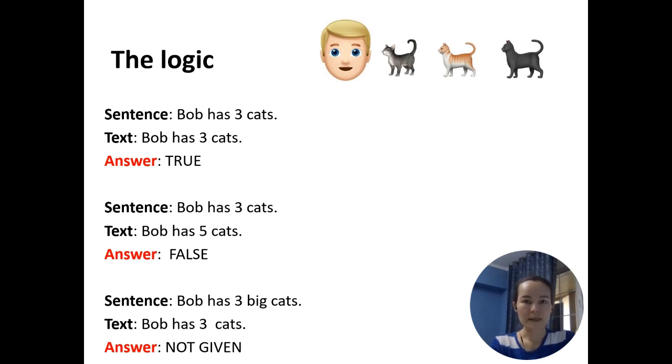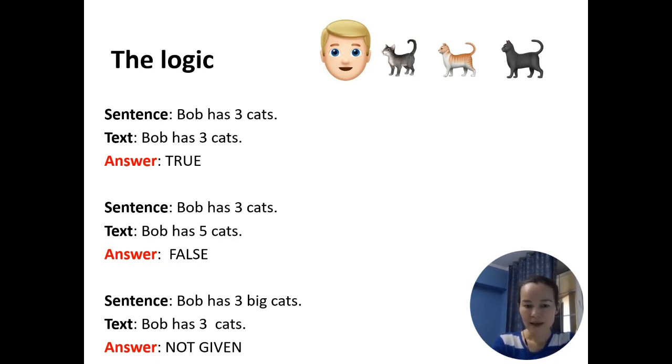If the information is the same in the sentence and in the text, it's true. It's pretty clear. You can usually see it straight away when you have the true answer.